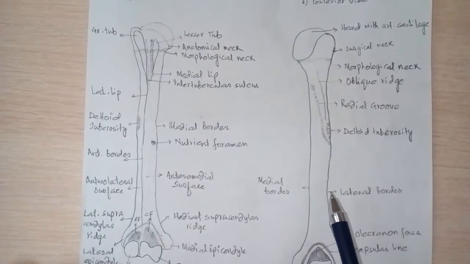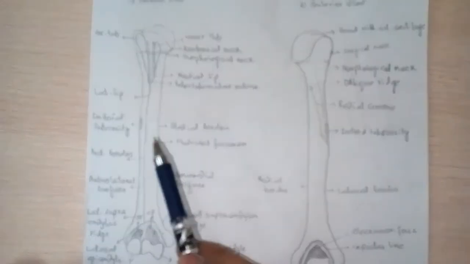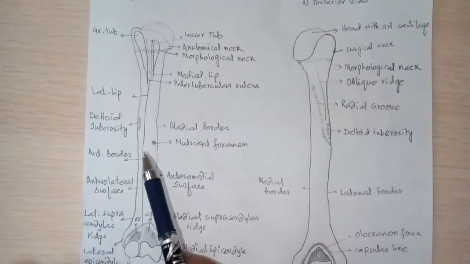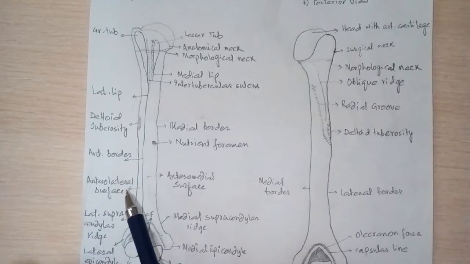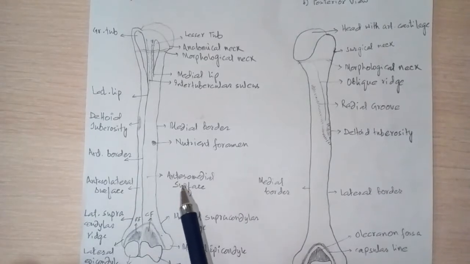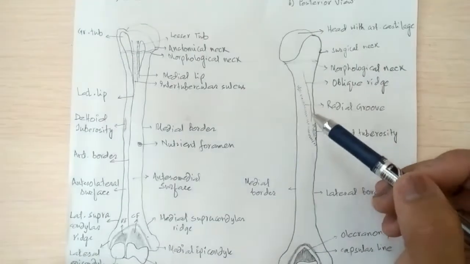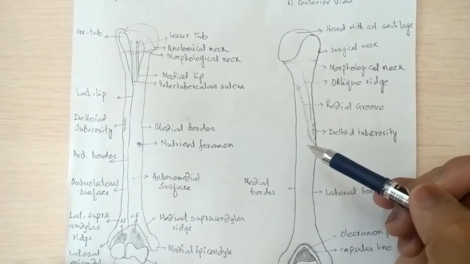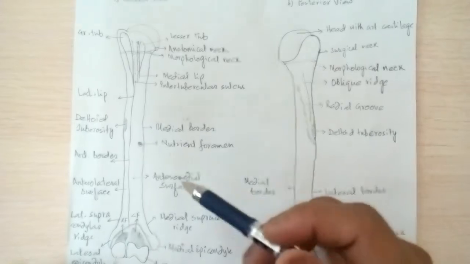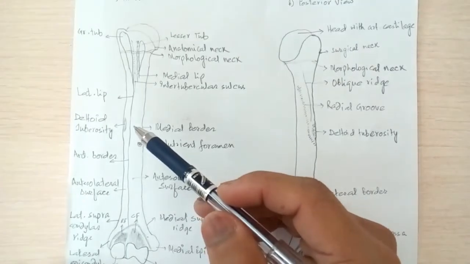And the three surfaces are the anterolateral surface, the anteromedial surface, as well as the posterior surface.